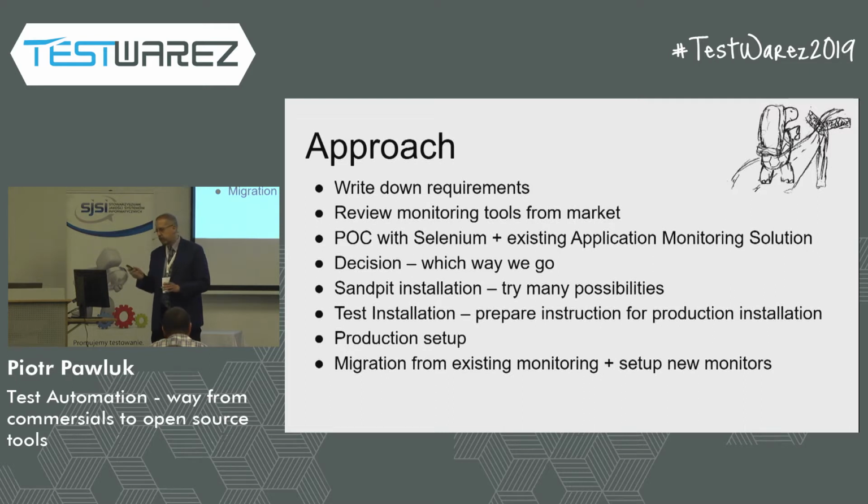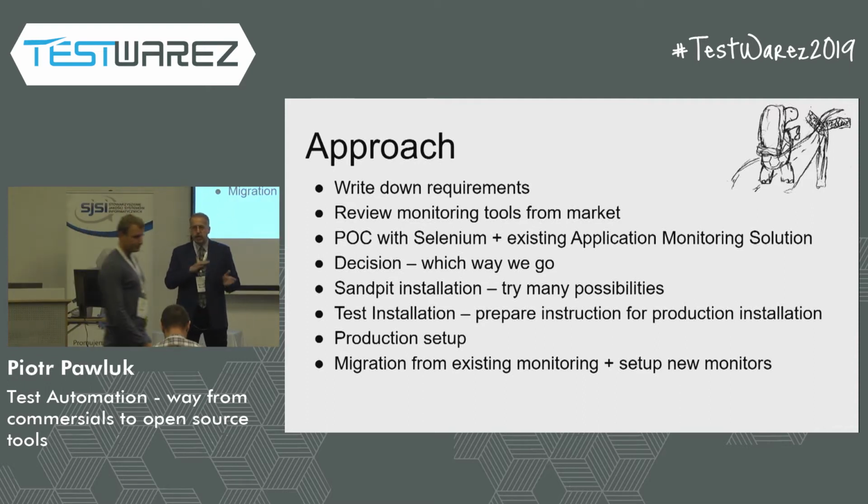First we wrote down our requirements, so what we need from this solution. Then we went to the market, so went to Google: what is application monitoring, synthetic user monitoring, and so on. We found about 20 applications. Some of them were commercial, some of them open source.